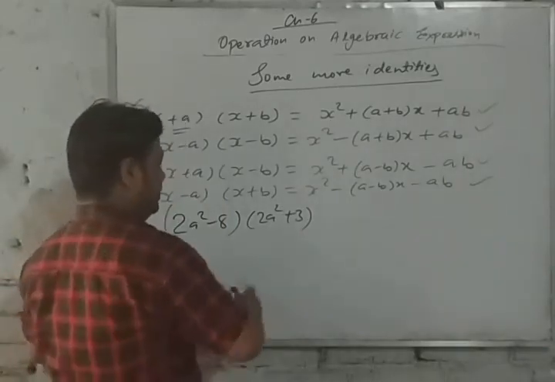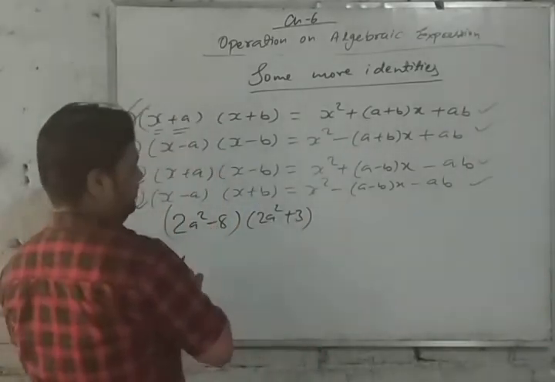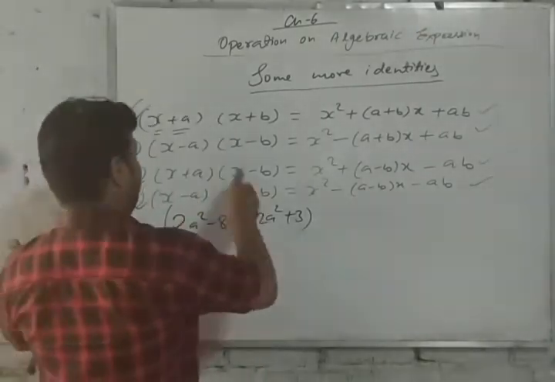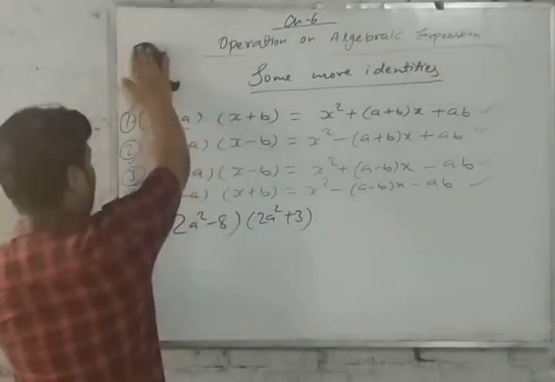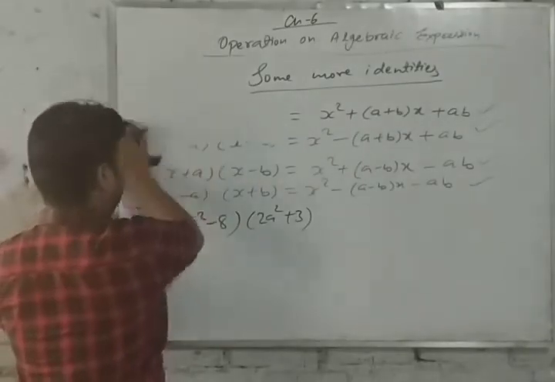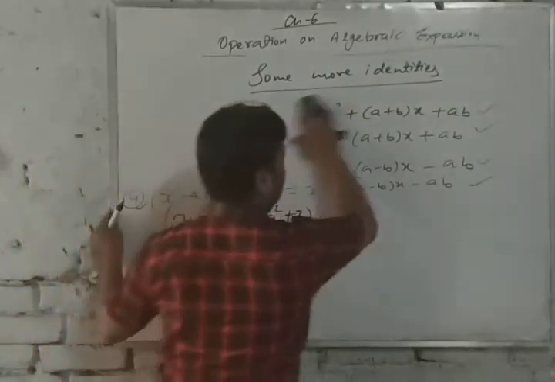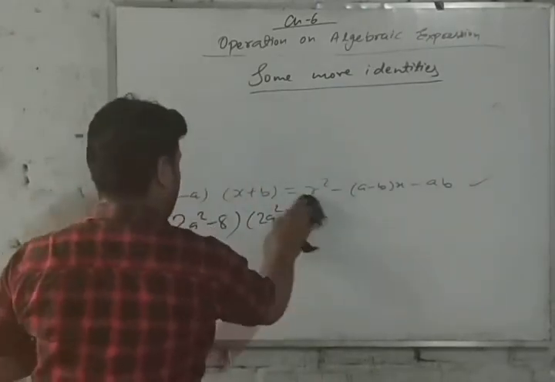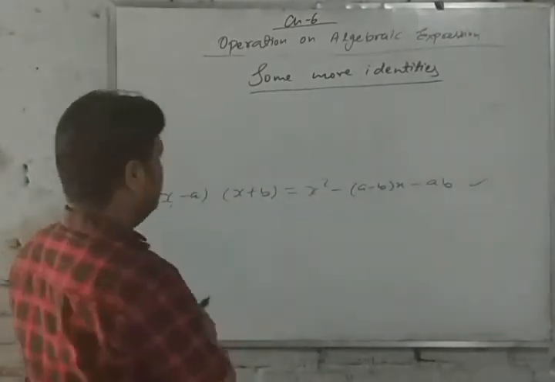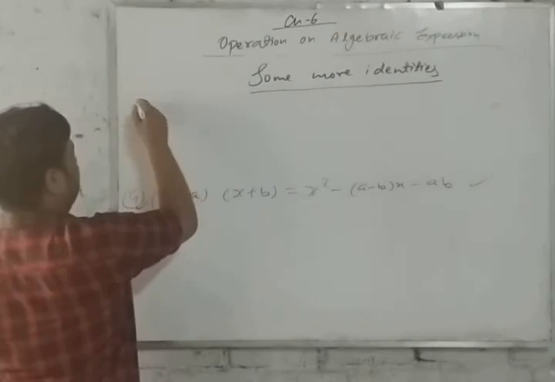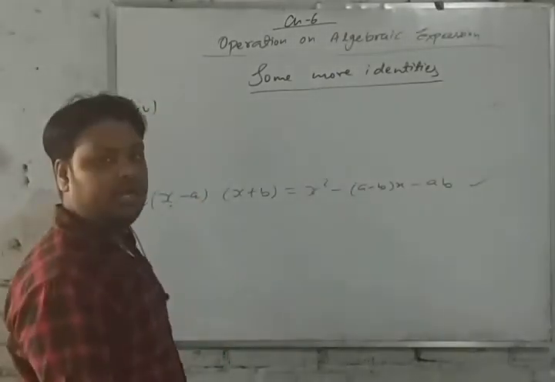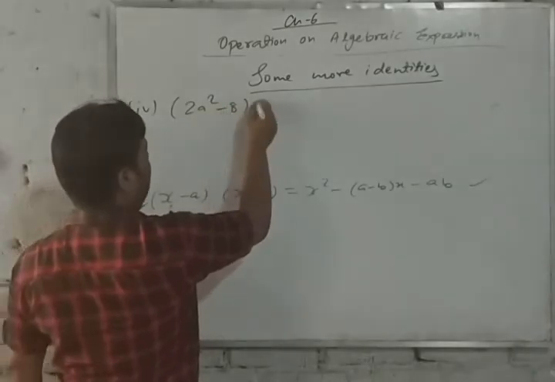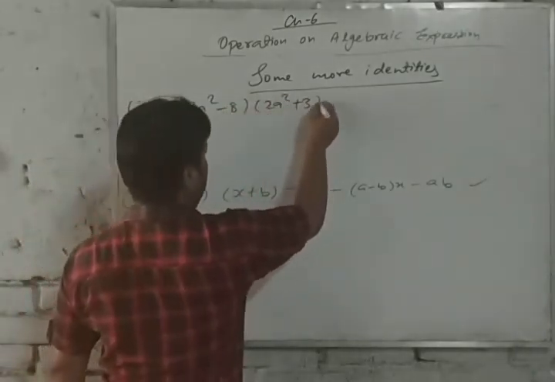Now I am solving only the fourth identity. Now I am erasing the top one, and I am writing the question again at the top. Fourth question, 2a square plus 8, sorry, minus 8 and 2a square plus 3.